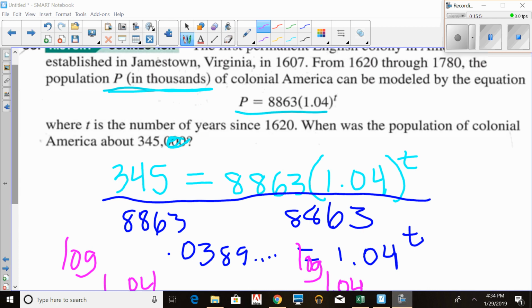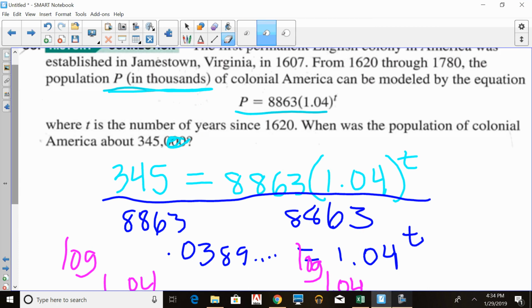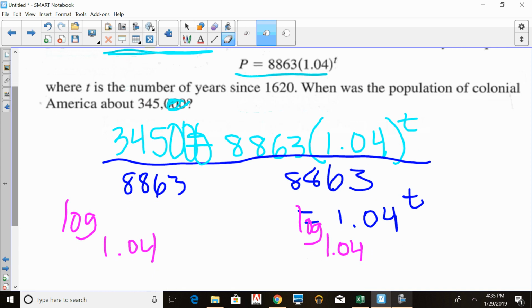Okay, so we got to back up on this one. This is supposed to be with the zeros. There should be zeros there, which is then going to change this number when we divide by 8863.